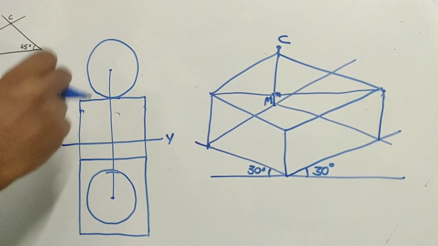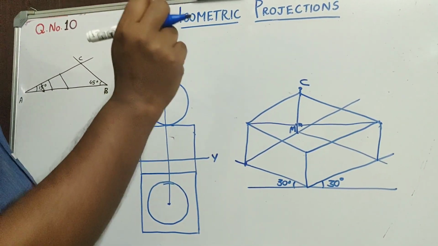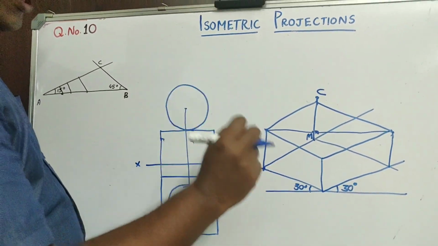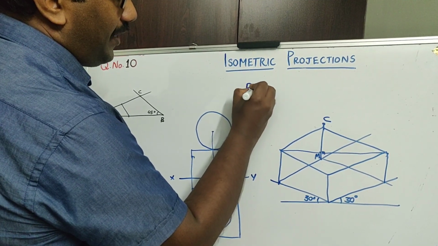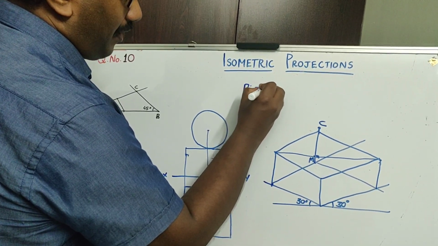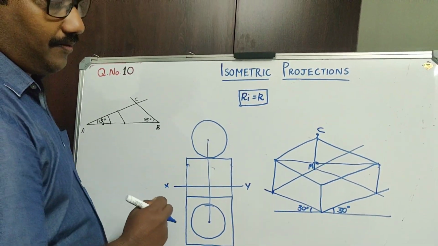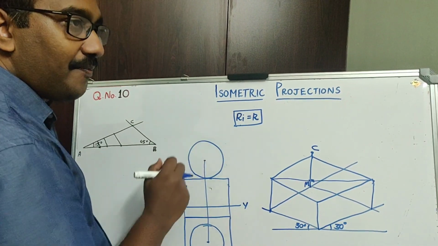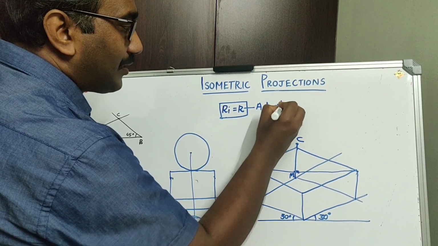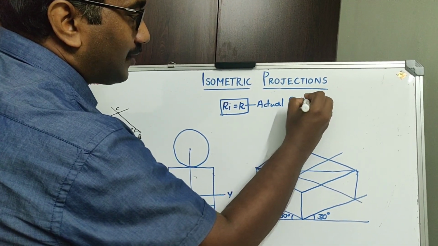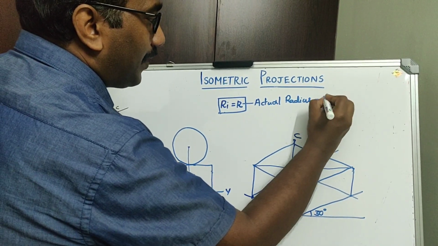So the next step is for drawing the isometric projection of a sphere. The iso radius Ri is equal to R. That is the principle which we have studied. So Ri is equal to R. That means what should be this R? This R should be the actual radius, which is equal to 20 mm itself.